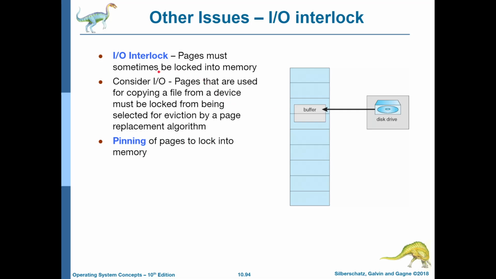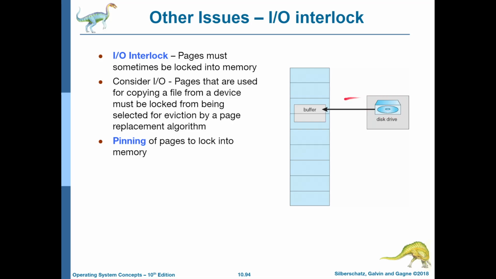Now, another issue with paging is I/O interlock. Sometimes when you're storing data to, or retrieving data for, a device, those devices need to have that particular buffer in memory at a physical location. It cannot move.